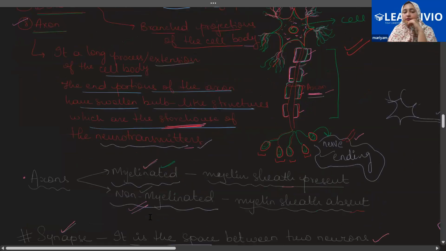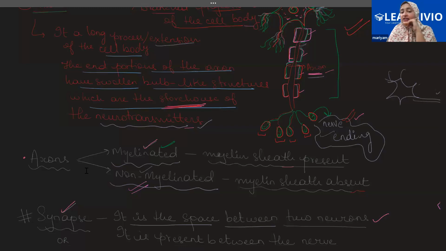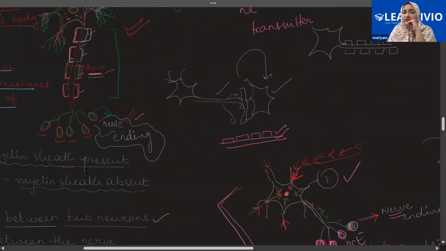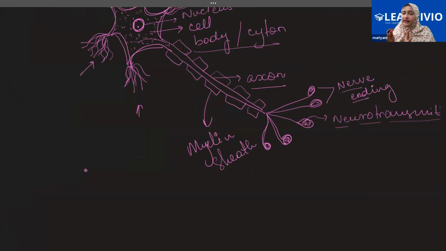Now, before moving forward and talking about what the neurotransmitter does, let us talk about the two different types of axons. Axons are of two types, depending upon the presence or absence of the myelin sheath. See these box-like structures that I've drawn, sort of like a covering on the axon.